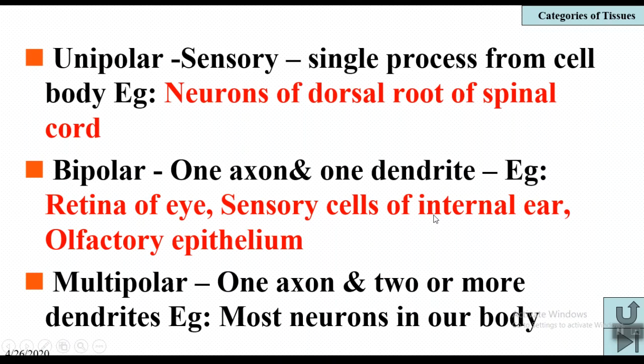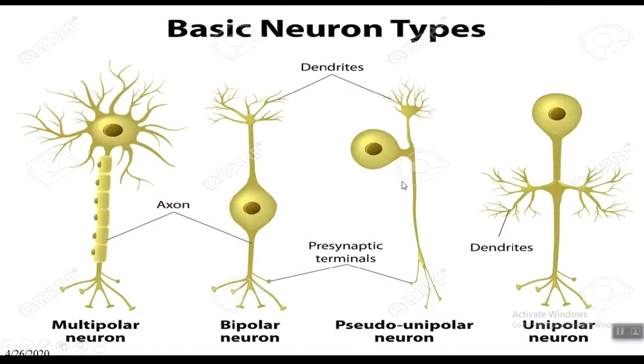Coming to the second type of neuron, the bipolar neuron. Bi means two poles. One pole is an axon, and the other pole is a dendrite. Here you can see a bipolar neuron.